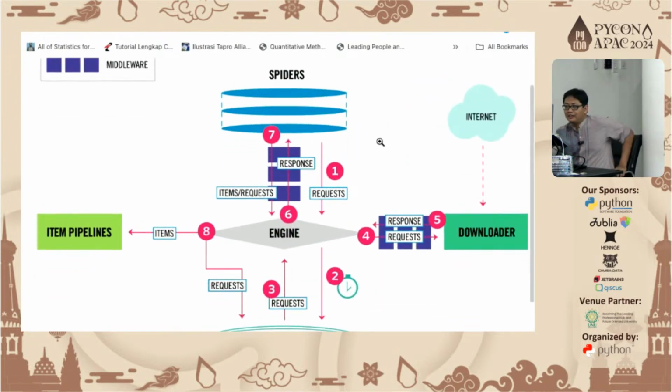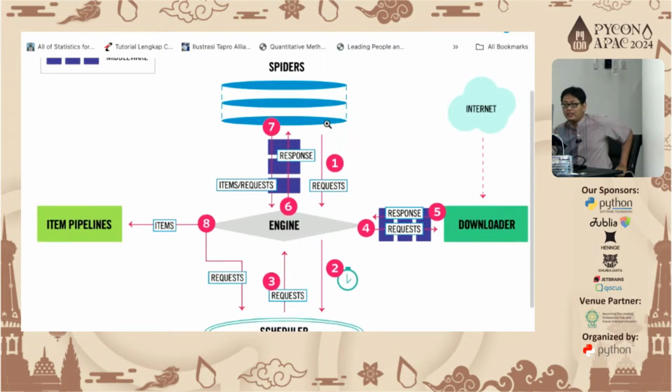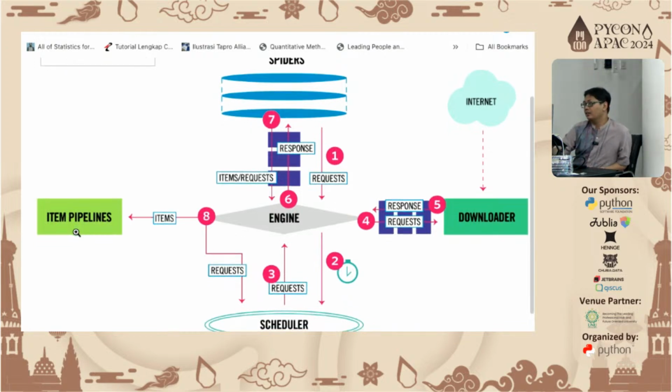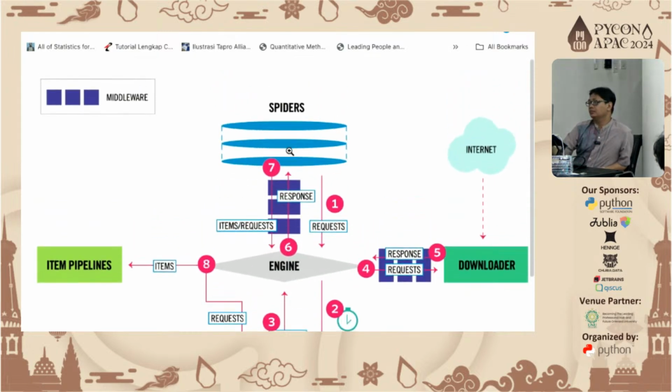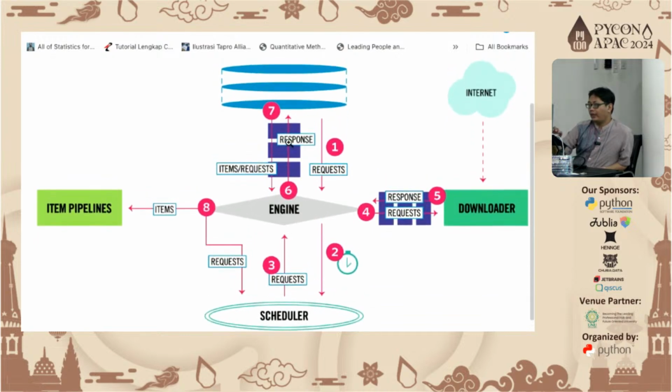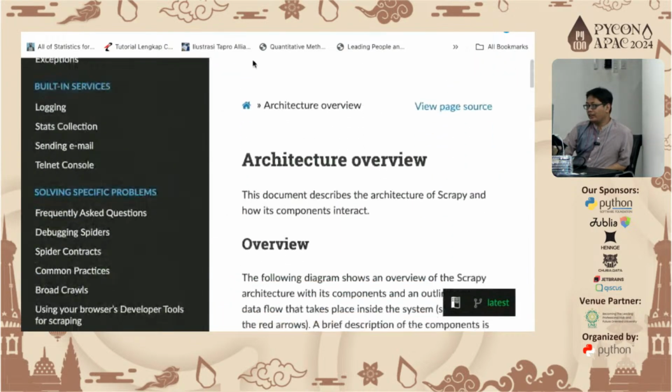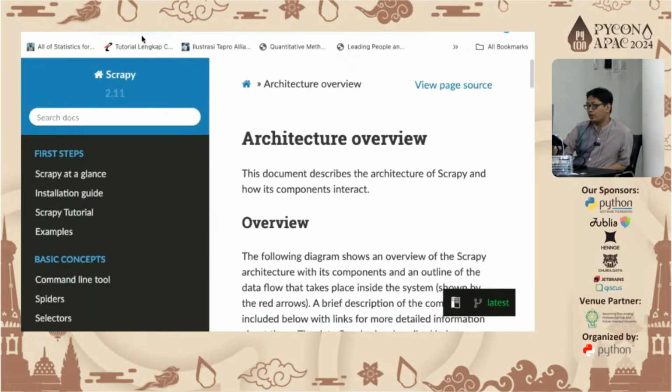So far we are only working with a single spider, but there are other components like item pipelines, if you want to process your items. There is also a downloader middleware, and a spider middleware. You can learn more about this in the Scrapy documentation, docs.scrapy.org.